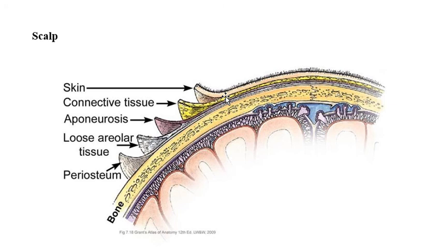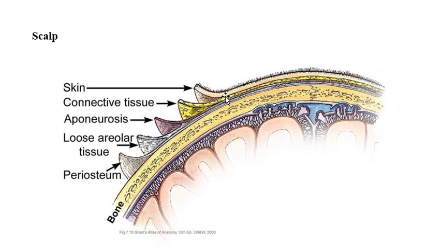Now, what is aponeurosis? It is also known as epicranial aponeurosis, a broad, strong tendinous sheet which covers the calvaria and serves as the attachment for the muscle bellies converging from the forehead and occiput, which is also called the occipitofrontalis muscle.